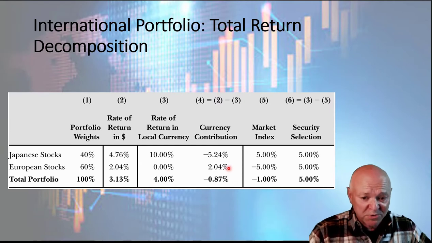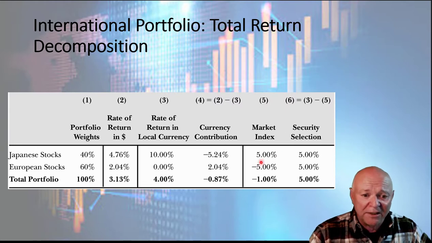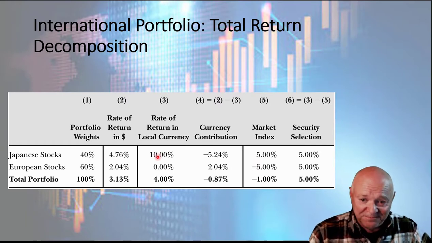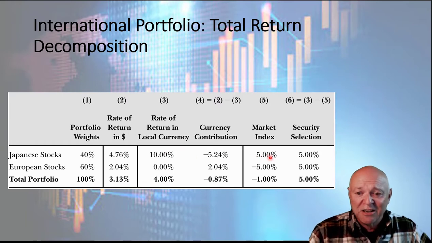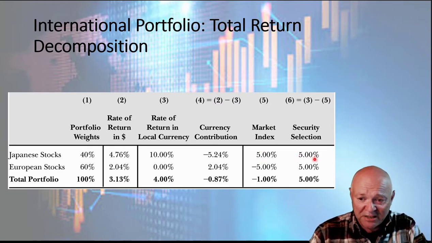Our choice of markets was also important. The Japanese index improved by 5%, and the European index lost by 5%. Now you can see that we had a 10% gain in local currency in that particular industry. And if we subtract from that the movement in the market, essentially we did 5% better than the index.